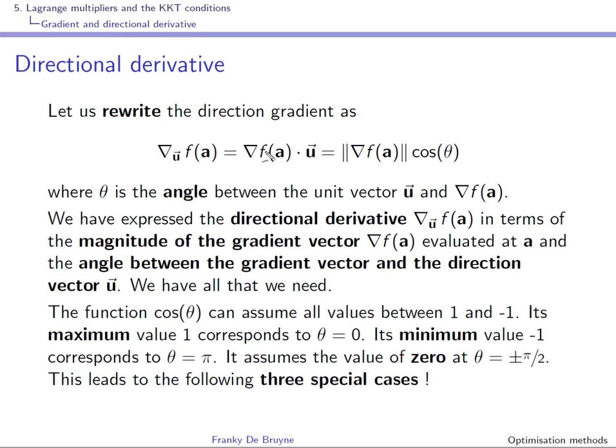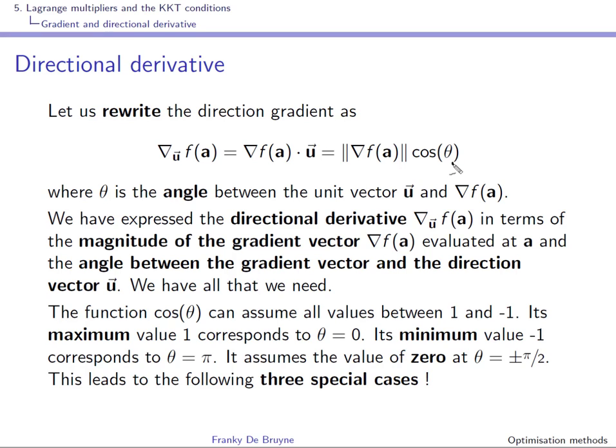Scalar product means that this directional derivative is, of course, a scalar quantity. This scalar product can be written in terms of the magnitude of the gradient vector, the magnitude of the vector u, but since it is unit, this is 1, right? And the angle in between the gradient vector and the direction u.